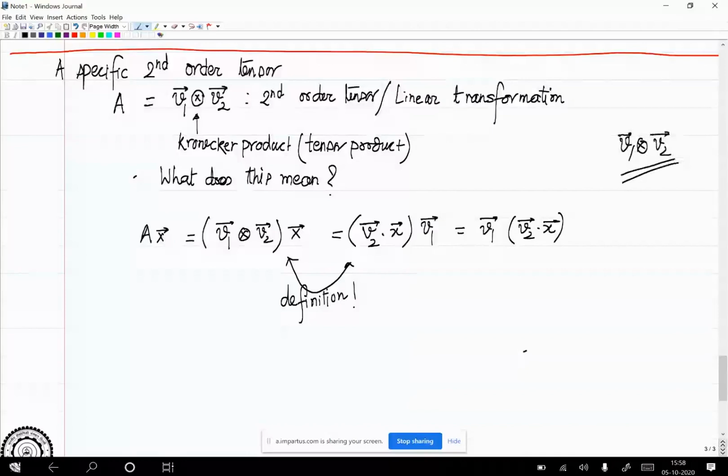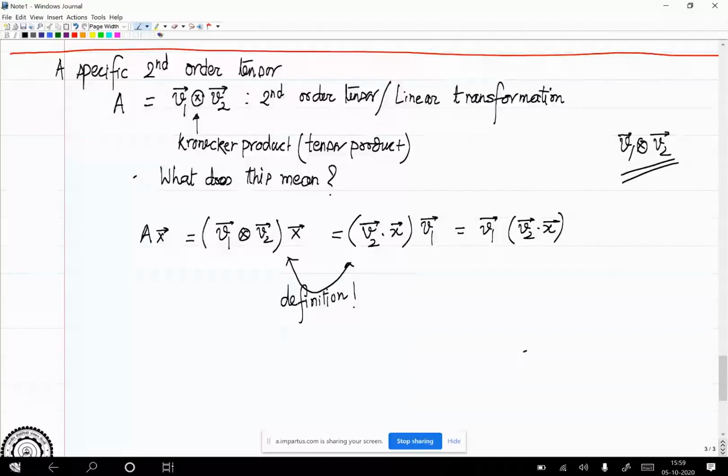Two vectors can be multiplied to become a scalar only when it's a dot product. It's not a dot product, so it's not a scalar. It's also not a cross product, because after multiplication it is not giving you a vector. So it's neither a scalar nor a vector. And why we call it second order will be clear to you very soon.